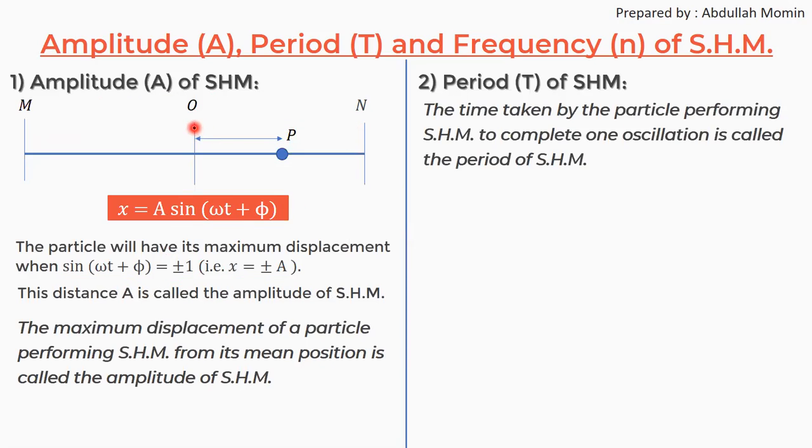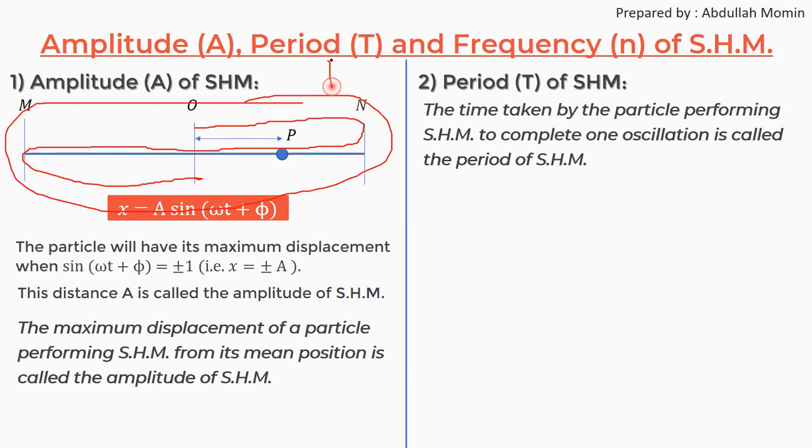So when it goes to N, then it will come back again to the mean position, and it goes to M, and then again comes back. So this set of motion is called one oscillation, and the time taken by this particle to complete one oscillation is called the time period.